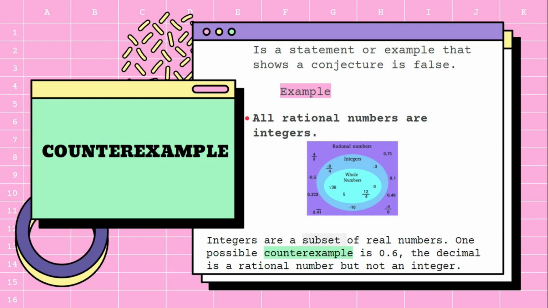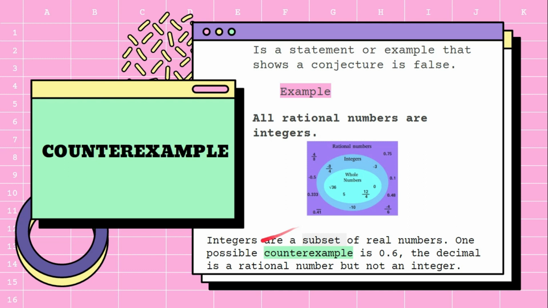We will state that this is a false statement, and we are going to prove it by using the real number system. So this is false because integers, as we can see here, are a subset of rational numbers.